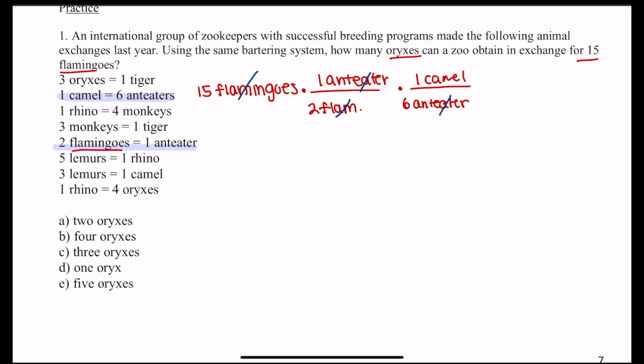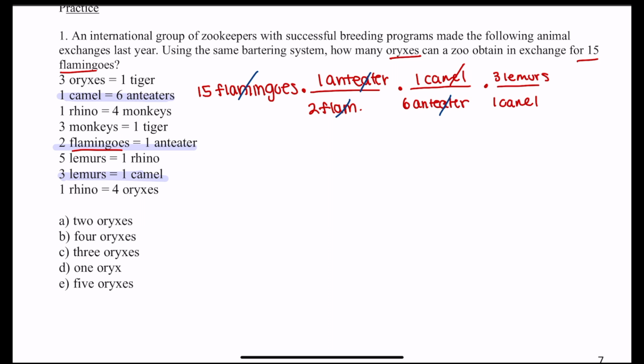So let's look at the chart again. We know that 1 camel equals 3 lemurs. Oh my goodness, I think we're going to go all over this thing. So I'm going to put the camel on the bottom, 1 camel right here with 3 lemurs.